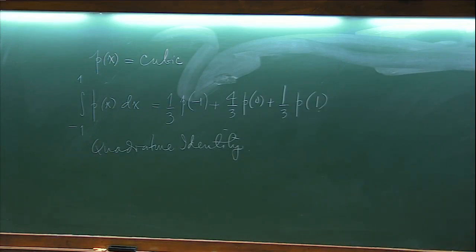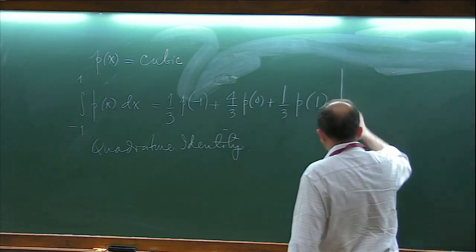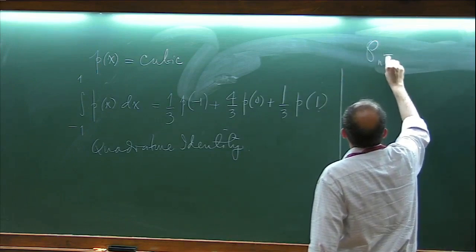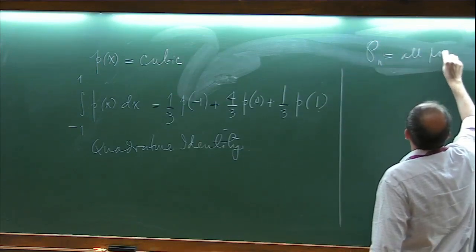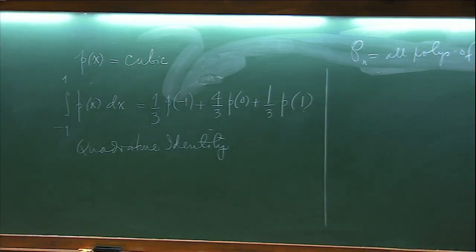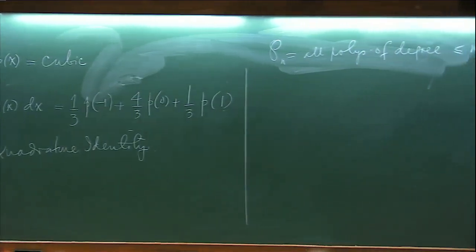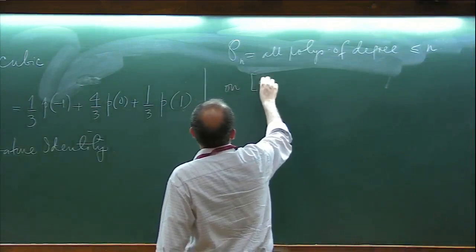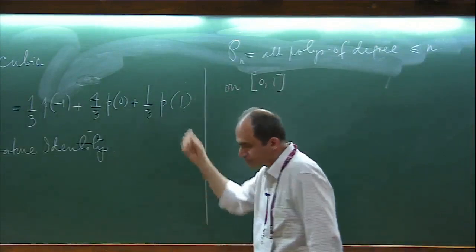With this viewpoint, you can try to understand what happens on a larger space. Let's look at Pn, which is all polynomials of degree at most n, and let us restrict our attention to the interval 0 to 1, just for simplicity.